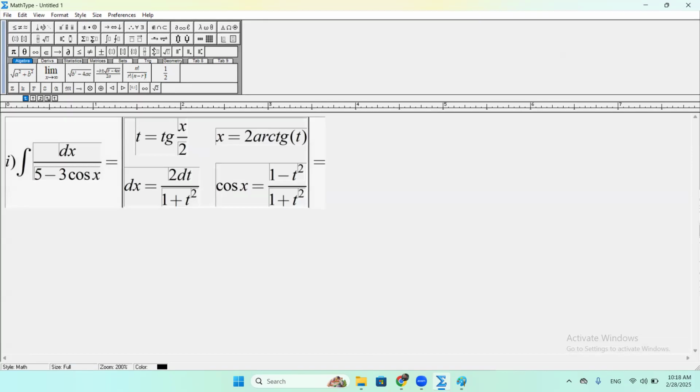Okay, now let's rewrite such a fraction. It will be rational. So now let's write down the numerator. It will look like this. Then what about the denominator? 5 minus 3 multiplied by 1 minus t square, divided by 1 plus t square.